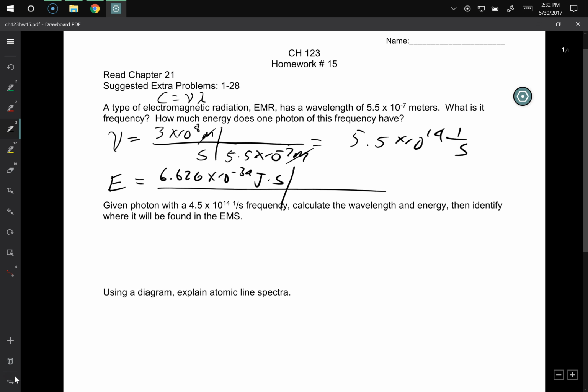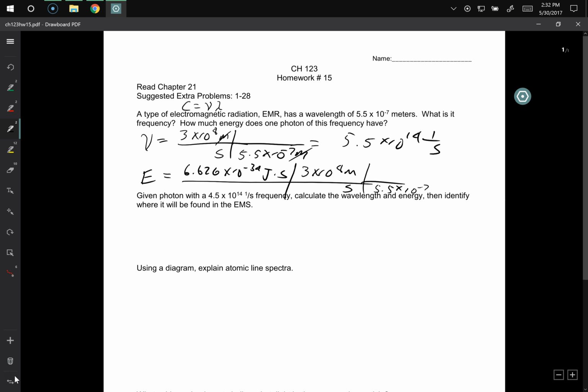And then I've got 3 times 10 to the 8 meters per second. And then I've got 5.5 times 10 to the 14, 10 to negative 7th meters. And then I can cancel out the seconds, and I can cancel out the meters, and that just leaves me with joules.